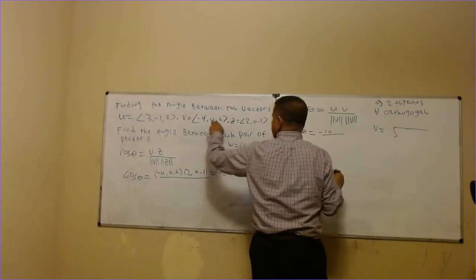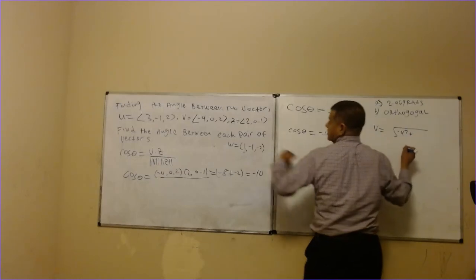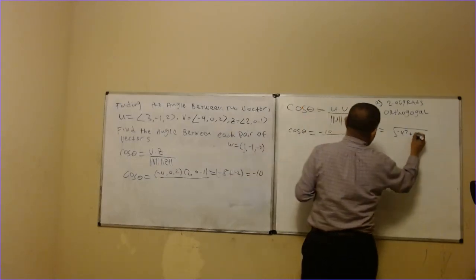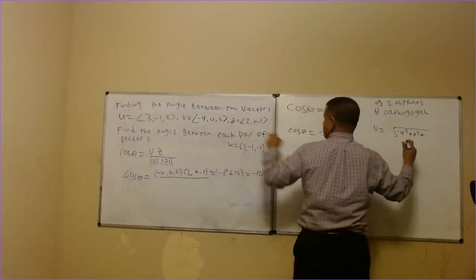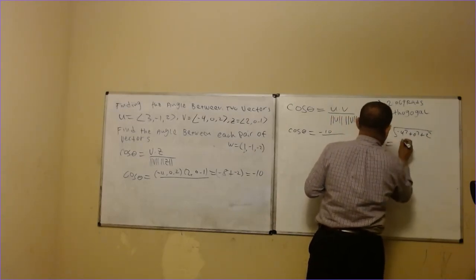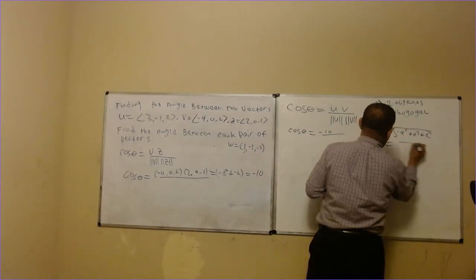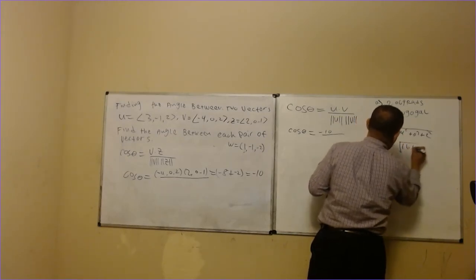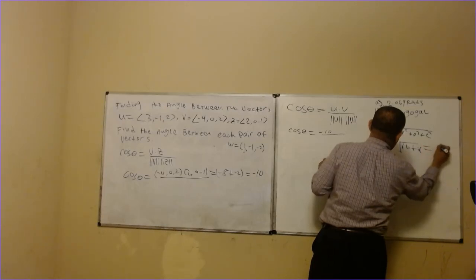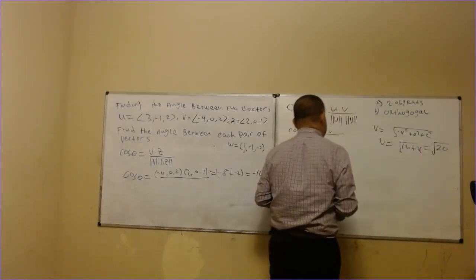The square root of V is going to be 4, negative 4 squared, plus 0 squared, plus 2 squared. So V is going to be equal to the square root of 16 plus 4, which is the square root of 20 again. So that's the square root of 20.